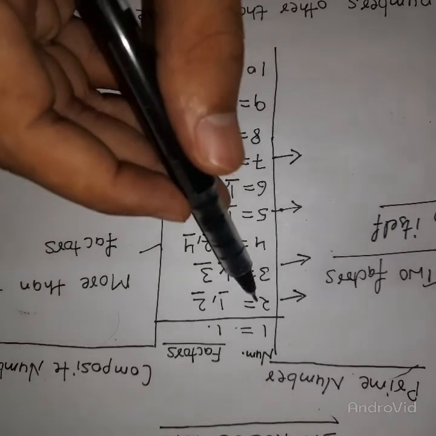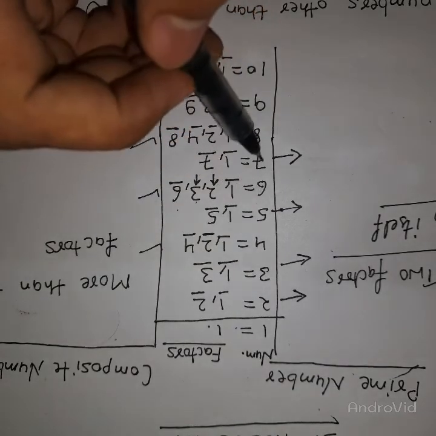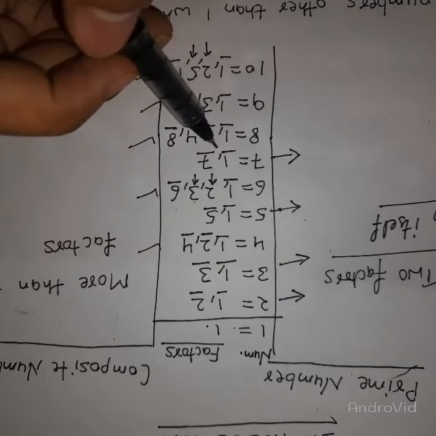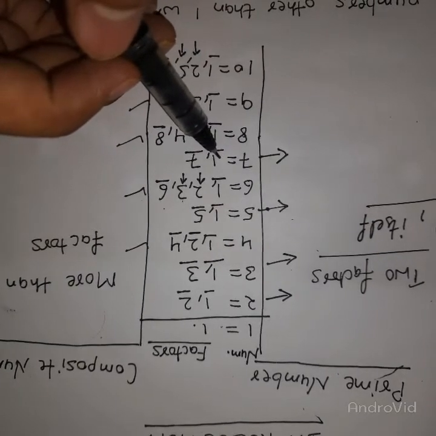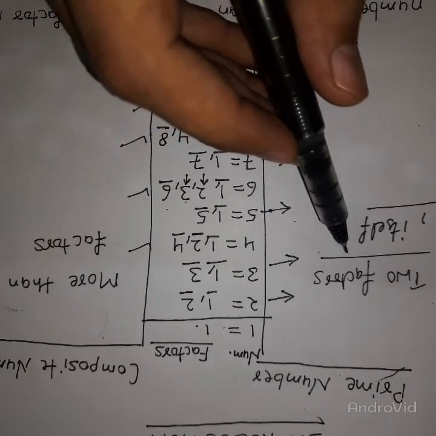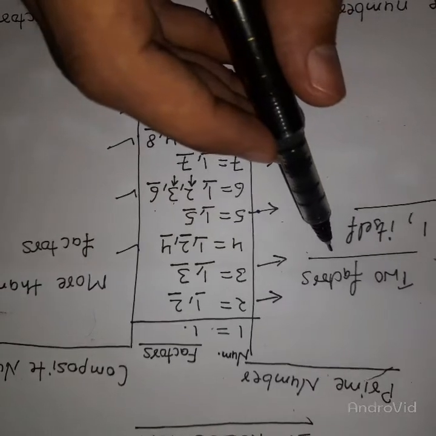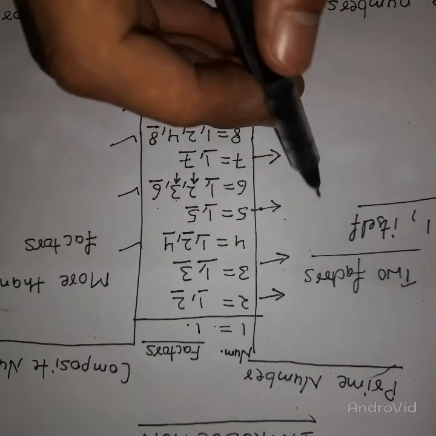So, 2, 3, 5 and 7, all of these have only 2 factors. These factors are 1 and the number itself.